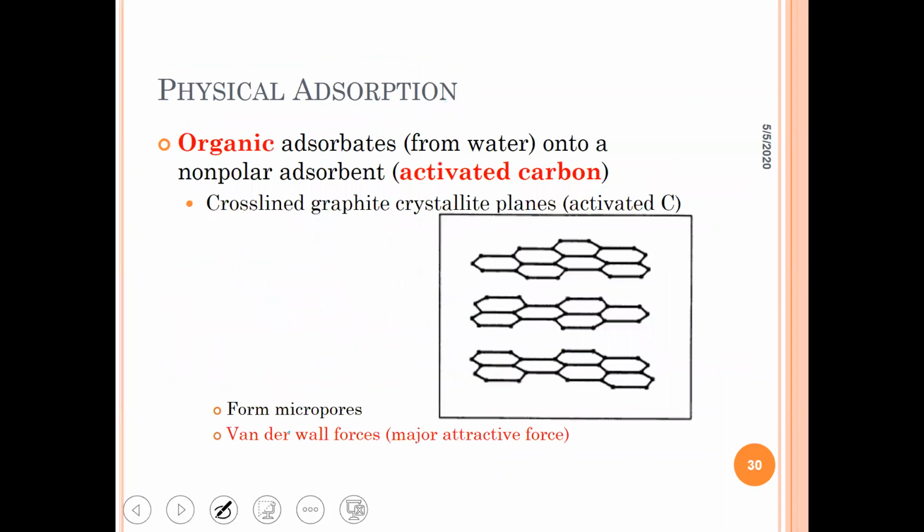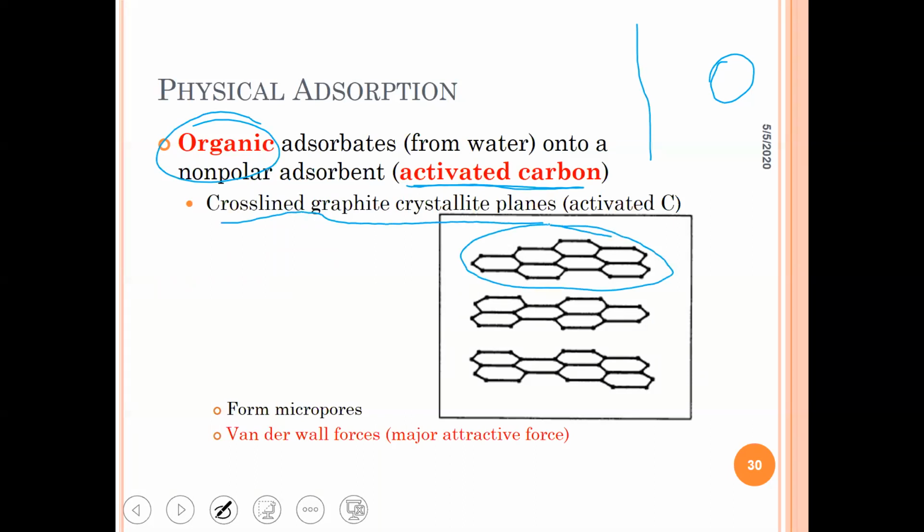So if you want to remove an organic adsorbate from water on a non-polar adsorbent, so you have an adsorbent which is non-polar and you want to remove an organic adsorbate which is also not polar, let's suppose we are using activated carbon, which is cross-linked graphite crystalline planes. It forms micropores.